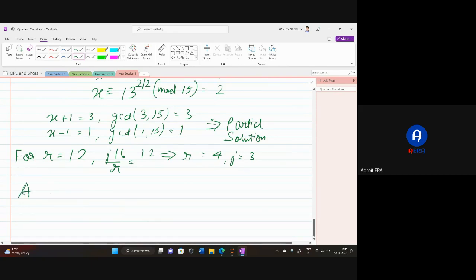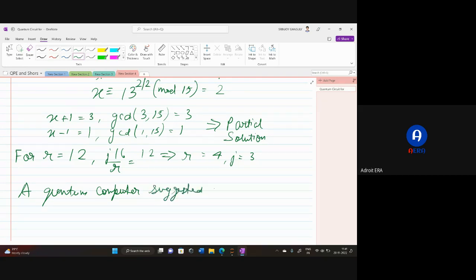A quantum computer suggested Ket 4, Ket 8, and Ket 12.